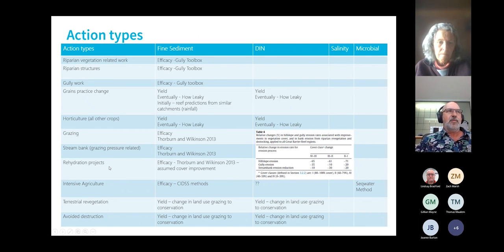Broadly, there are rehydration projects, and we can talk a bit more about what they are and what we mean by that. It's this notion of naturalizing the landscape.